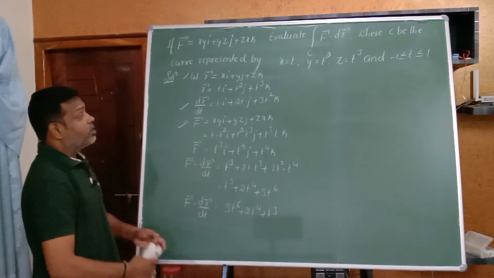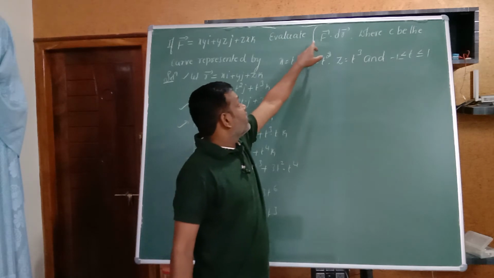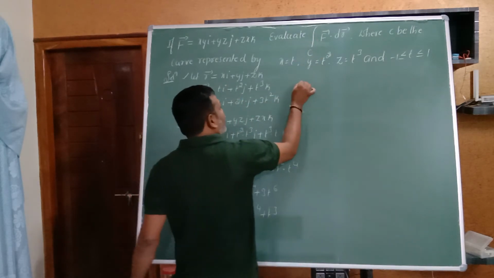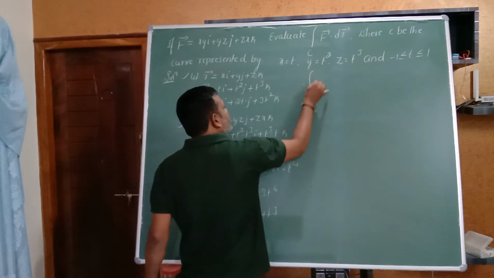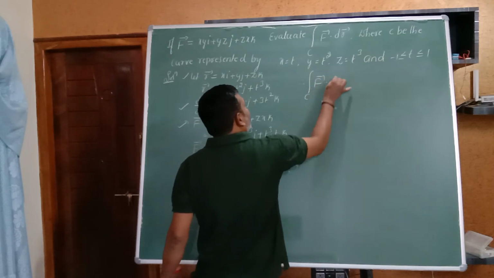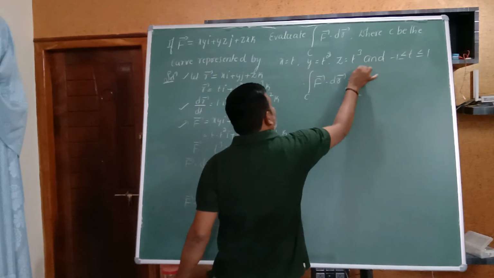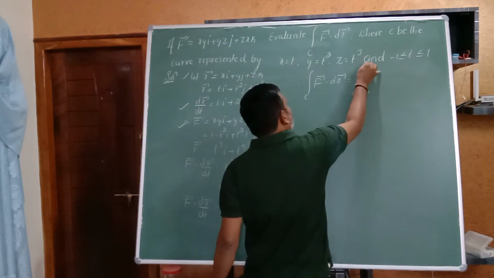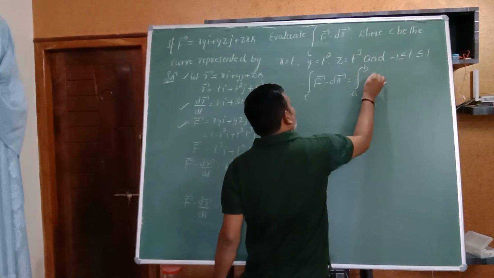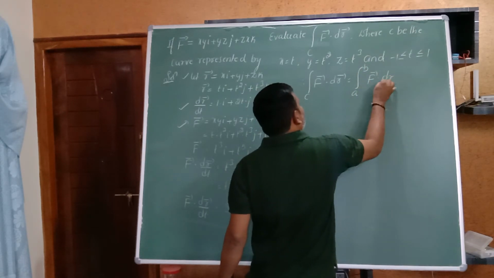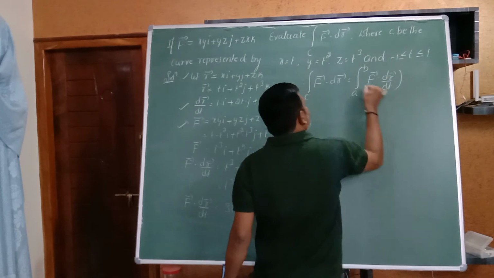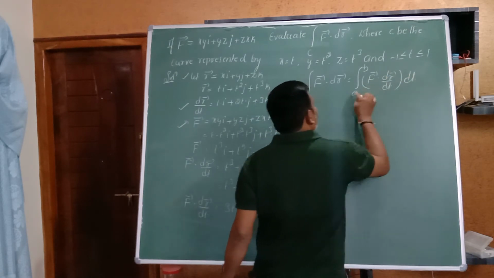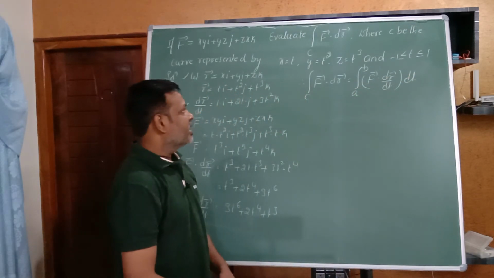But we have to find the integral over a curve of F dot dr by dt. Therefore, we have the formula: the integral of F vector dot dr vector is equal to the integral from a to b of F vector dot dr by dt into dt, where a is the lower limit and b is the upper limit.